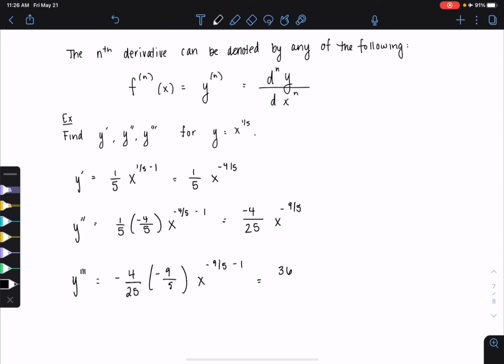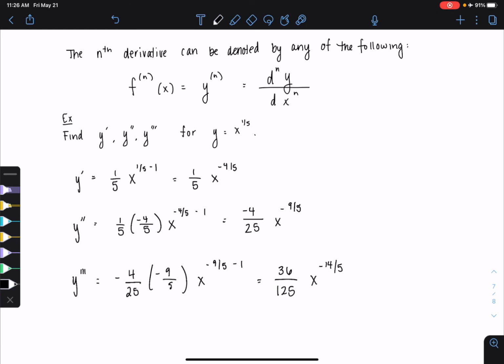So that would be 36 over 125. So minus minus makes it positive. Subtracting another 5 over 5 gives us x to the negative 14 over 5. Okay, and realistically, we can keep going with this, but we will stop here.